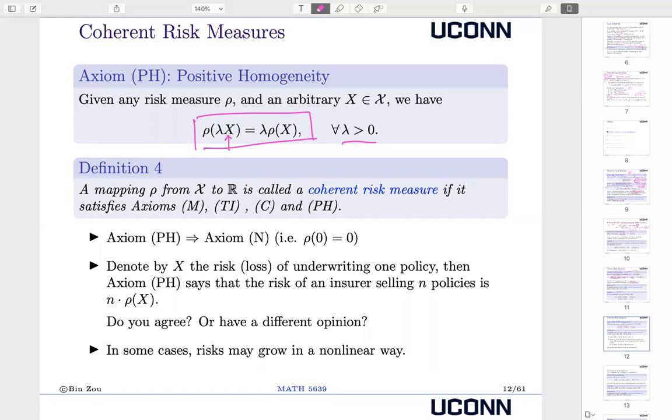Okay, now let's use an insurance example. Let's say X is the risk of insuring one policy. Then by positive homogeneity, the risk of underwriting two policies is double the risk of writing one policy. So in that sense, it's also reasonable, right?